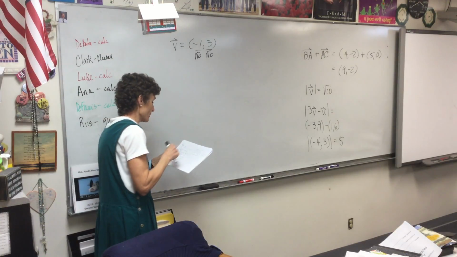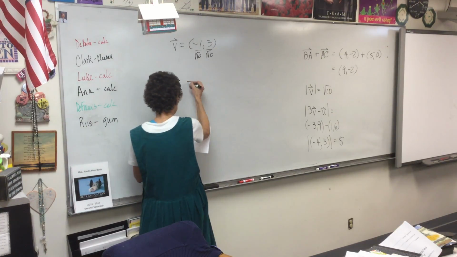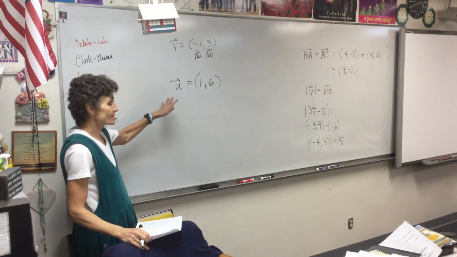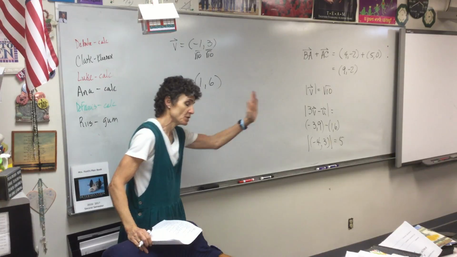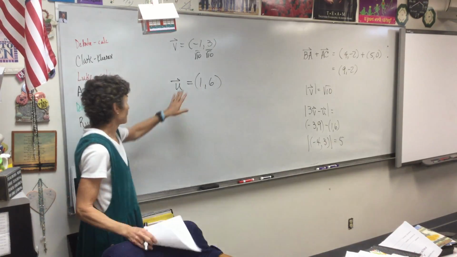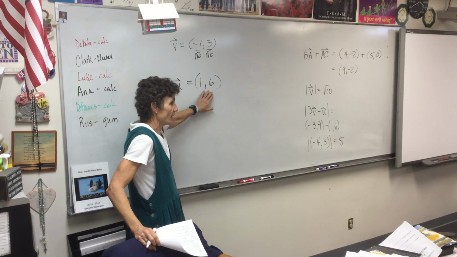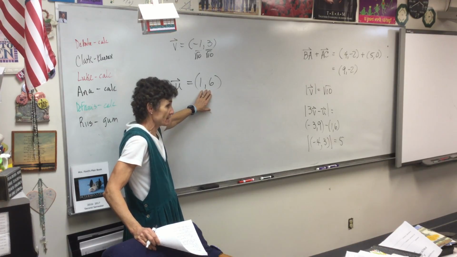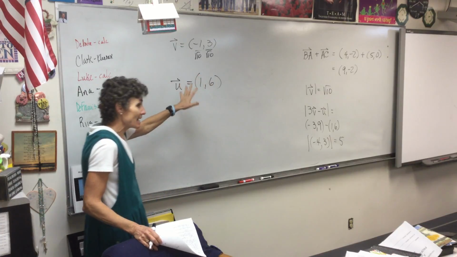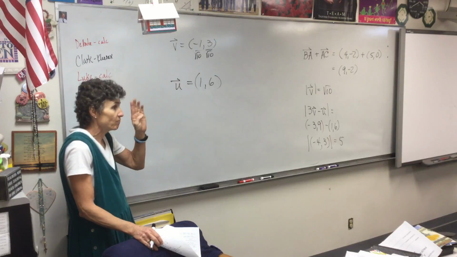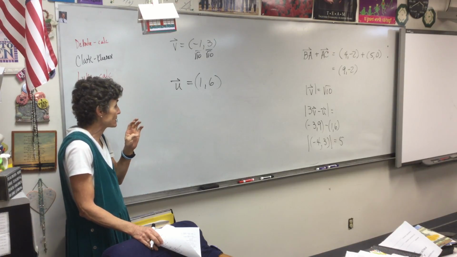This time we're dealing with vector U, and we want to find a vector just like U, that moves just like U, but its length is 4. Now, the length of this is not 4. How long is this? Root 37. I need that same movement, but I need it to be 4 units long instead of root 37 long.